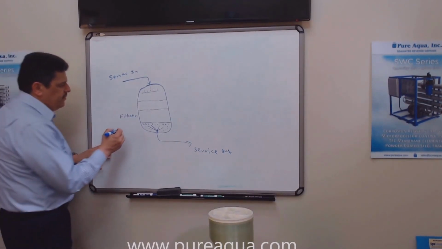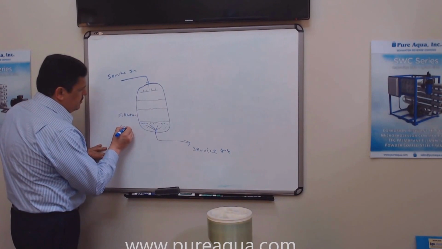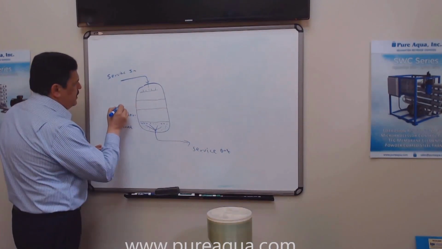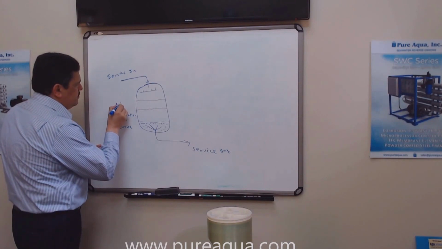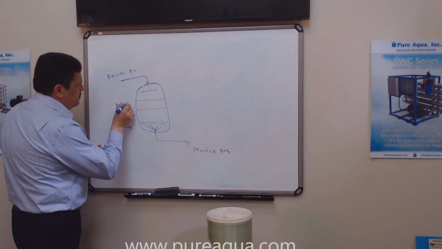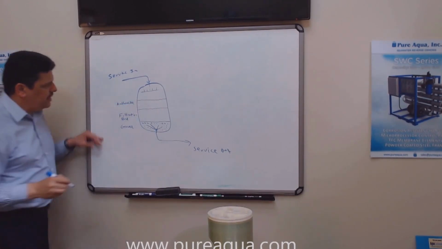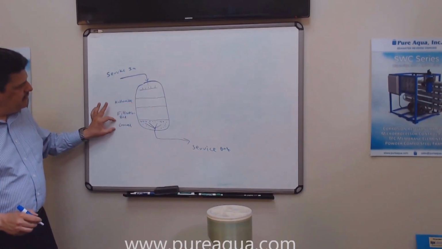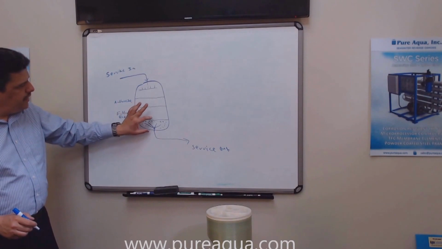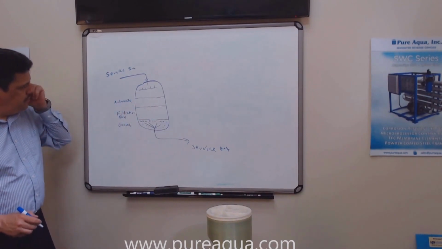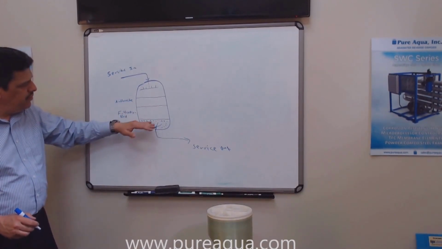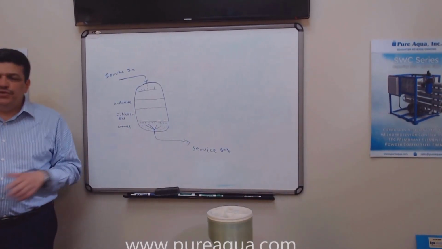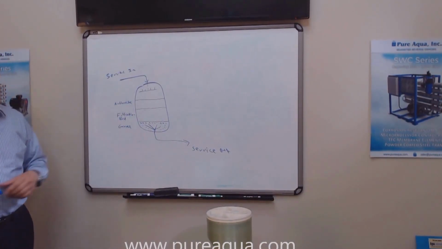Usually we have the gravel, and then here we have the anthracite. So this is the anthracite. This is the filtration bed, and that's the underbedding, which is the gravel, at the bottom of the tank. Some people would ask, why do we need to use different layers like this?